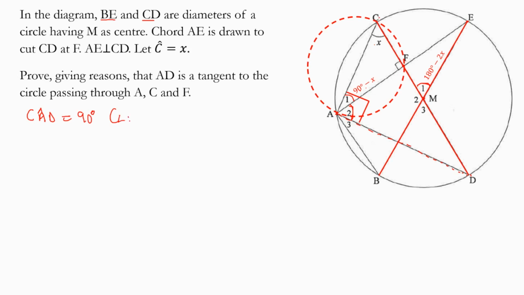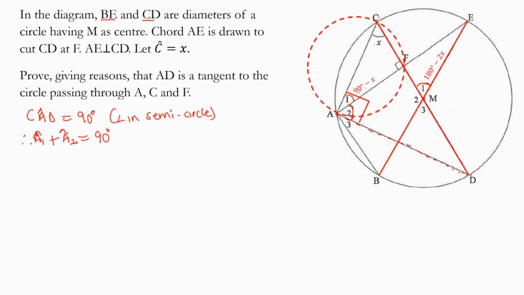Why? Angle in semicircle. Therefore, angle A1 plus angle A2 is equal to 90 degrees.